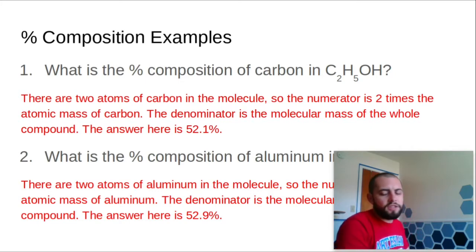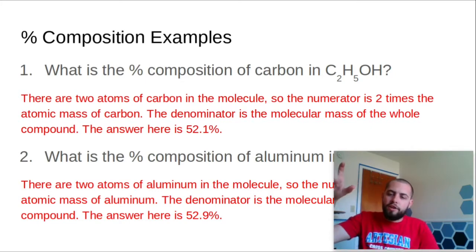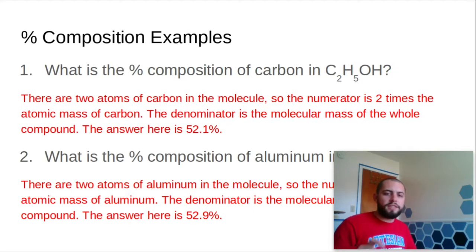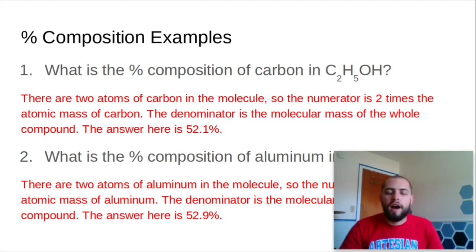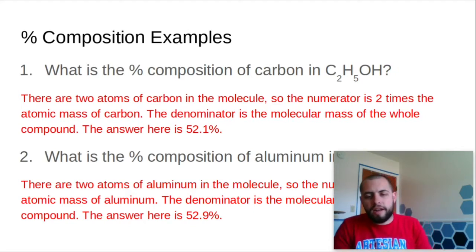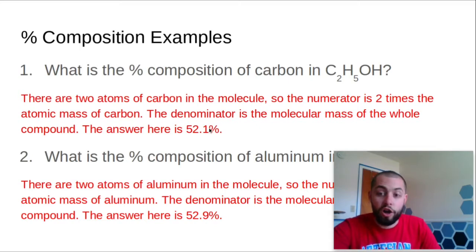So if I've got 24 in my numerator and about 46 in my denominator, if I do that division and then multiply by 100, I'm going to find out that this is just about 52.1% carbon.